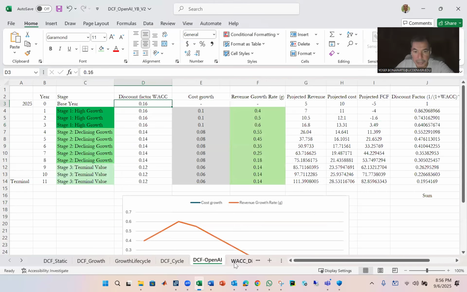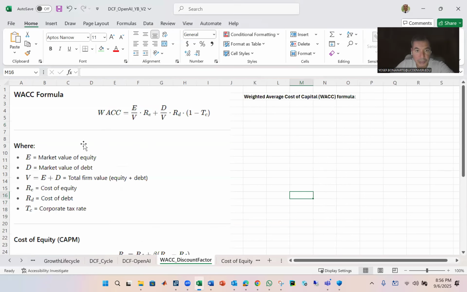The WACC: how do we calculate the WACC? Here is the function. E divided by V times RE. E is the market value of the equity; we don't know the market value of the equity for OpenAI. D is the market value of the debt; this we know. E plus D is the total firm value.